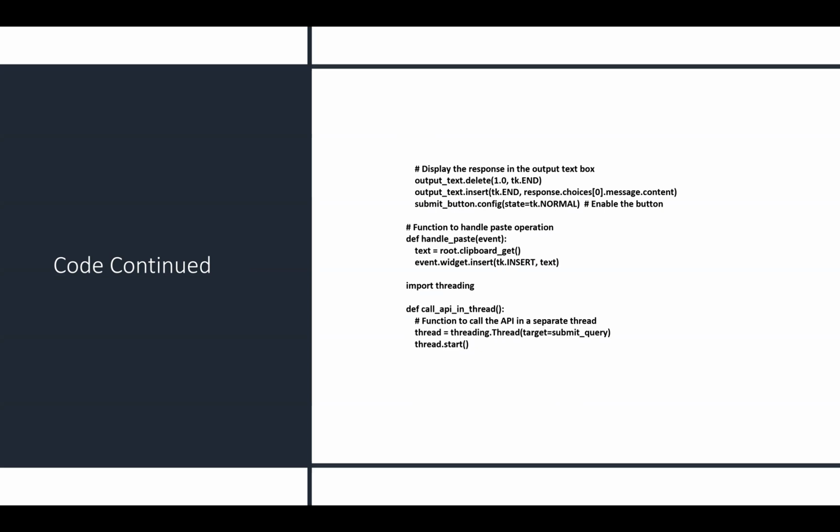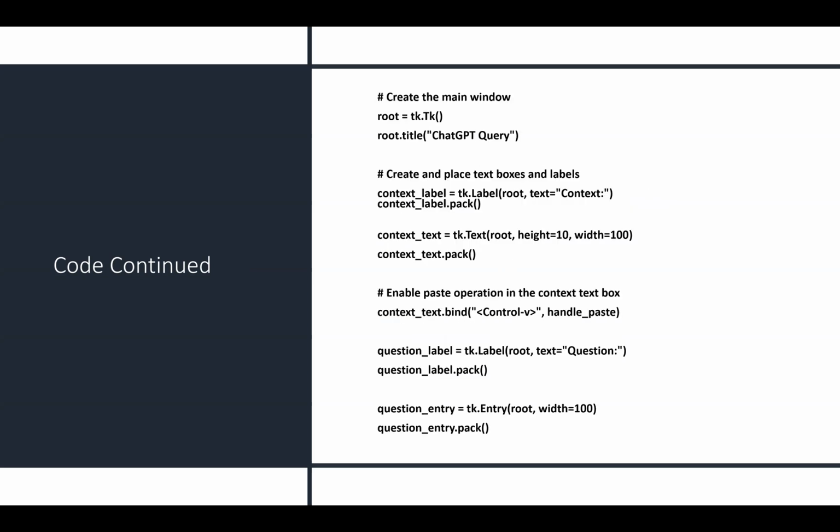And so I'm using the threading package within Python. And you see I have a function that's called call_API in a thread. And so when I get ready to call my submit query function, I'm going to do so using this method. So a second thread is created. I've got one thread handling the UI and the second thread handling my query.